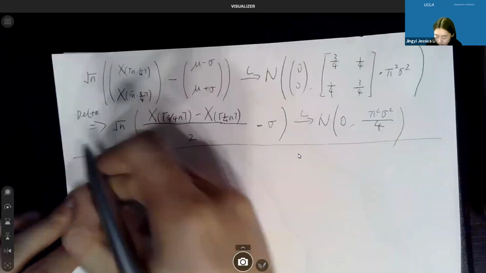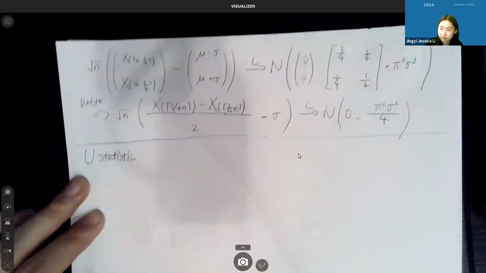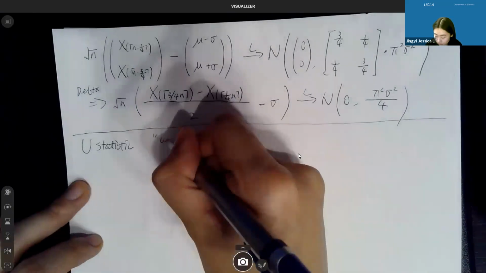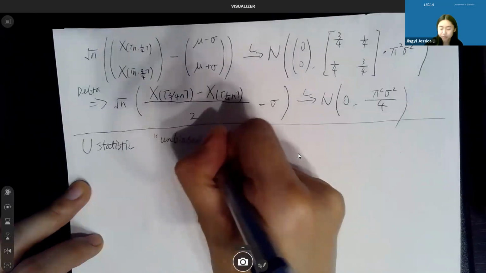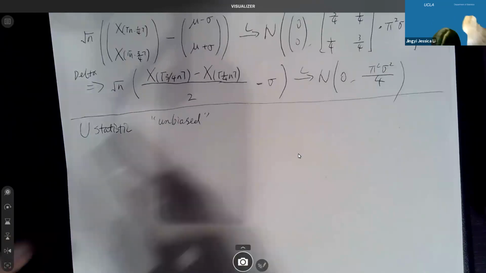Okay, so that's our next topic. And here the U stands for unbiased. And we will see very soon why we have this interesting property. Okay, so to define that, we first need to introduce a concept called statistical functional. Okay.